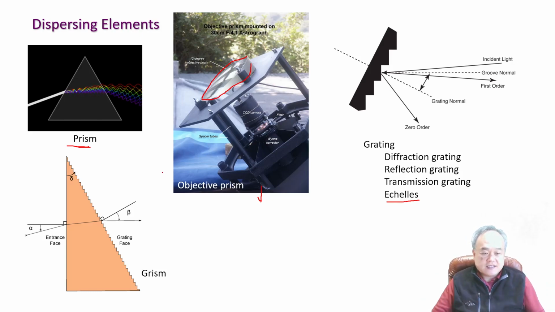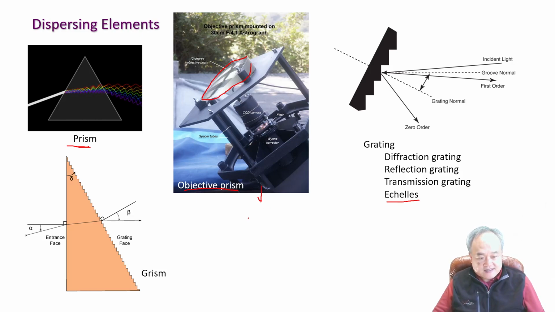This is known as an objective prism, and one example is shown here. In a decent 1 meter or 2 meter class telescope, objective prisms are still being used, though infrequently. As you will see, we have multi-object spectrographs that do not use an objective prism.